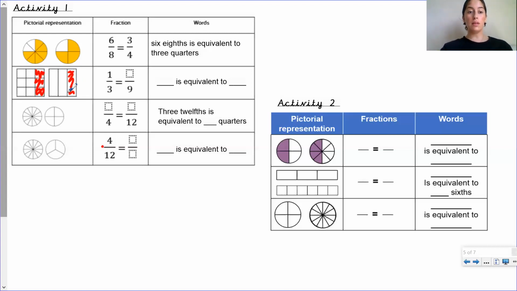So 1/3 is equal to 3/9. And then again, look at your numerator and your denominator. What's happened to each number? Well, they've both been multiplied by 3, because 1 times 3 equals 3, and 3 times 3 equals 9.